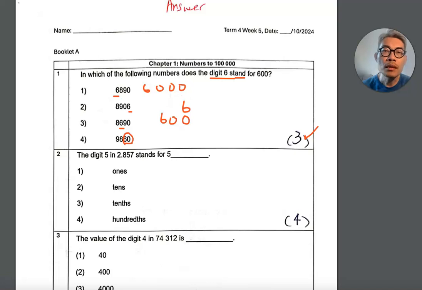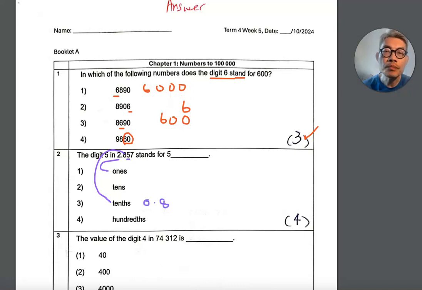Okay, now let's take a look at the next one. What does this digit 5 stand for? The digit 2 stands for 2 ones, it's in the ones place. Then the digit 8 is in the tens place, which means that digit 8 is 0.8.